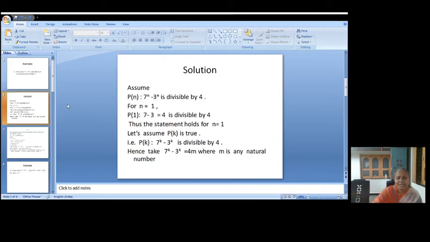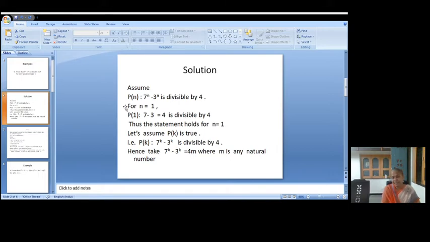Is it clear? Once again, we assume that P of n is 7 raised to n minus 3 raised to n is divisible by 4. Once again, the concept: if a is divisible by b, then we have to take it in the form of some k multiplied by the divisor, where k is any integer. We have to take it in this form only.